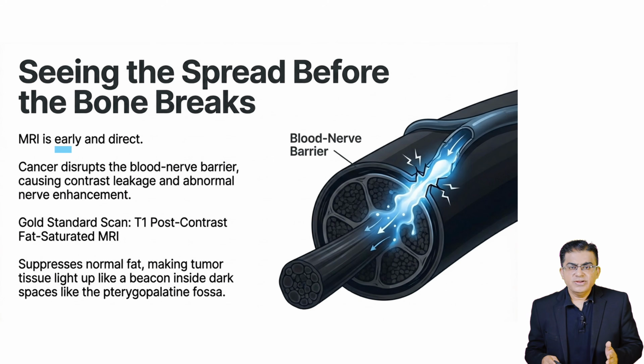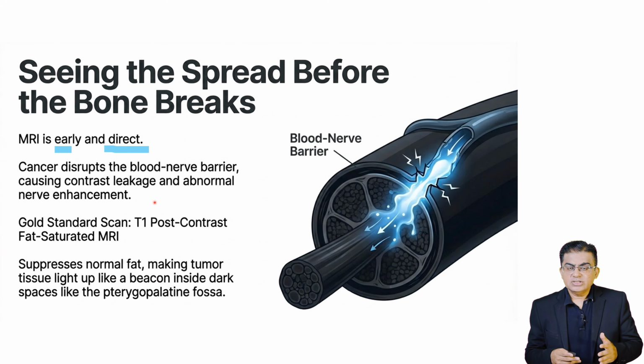You do not have to wait months for the bone to get destroyed. When cancer cells invade a nerve, they disrupt the blood-nerve barrier. This causes contrast of the MRI to leak in, which shows up on an MRI as bright, abnormal nerve enhancement long before the nerve even physically enlarges or touches the bone.